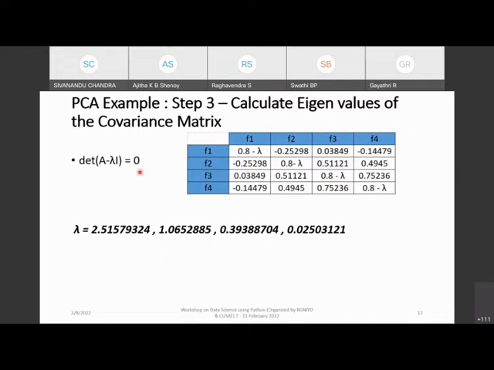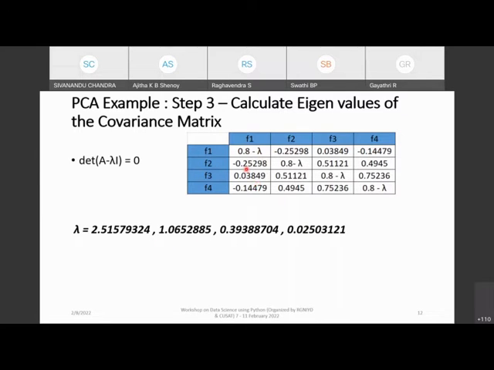So this is the covariance matrix. Find the determinant of A minus lambda equal to 0. You will get a polynomial of degree 4, because this is a 4 cross 4 matrix, and solving that, you will get 4 eigenvalues.